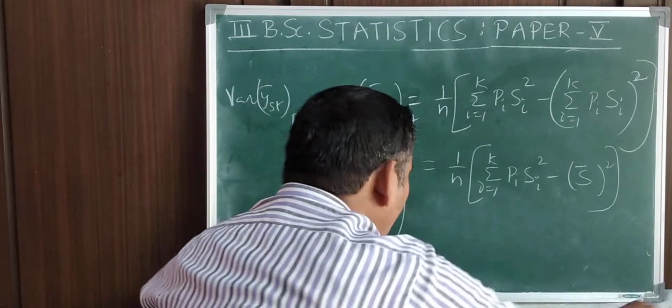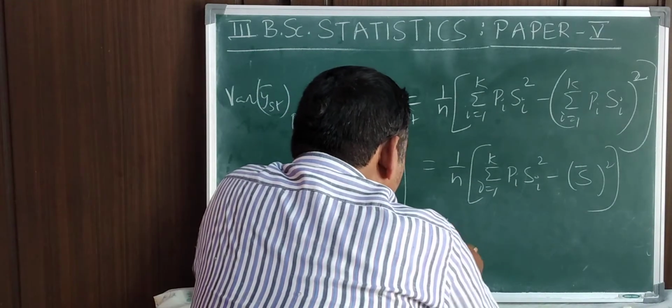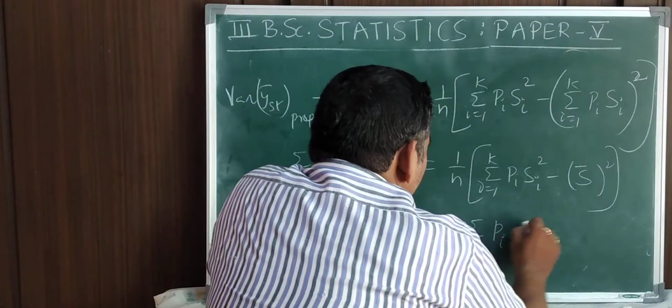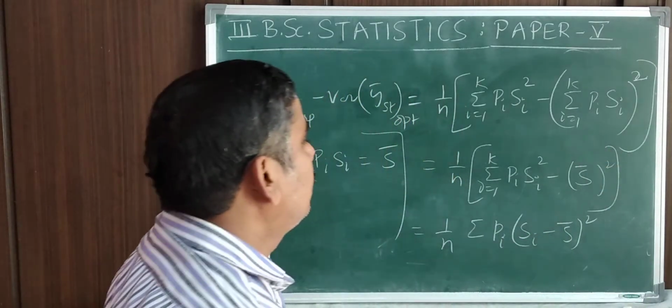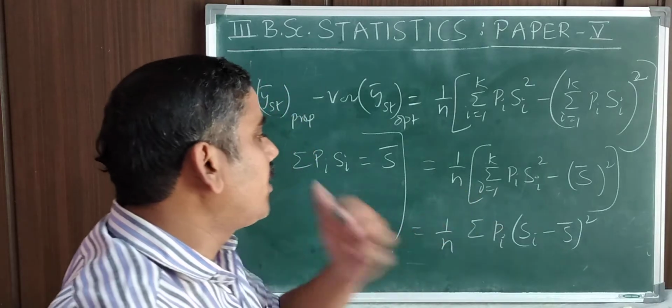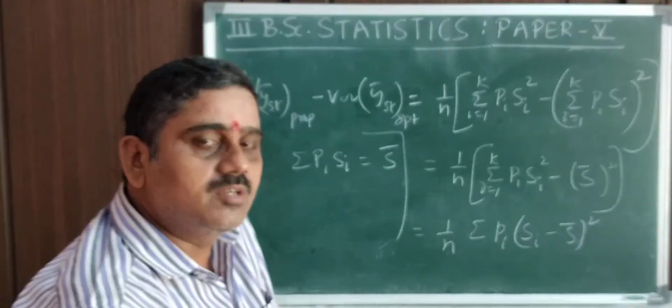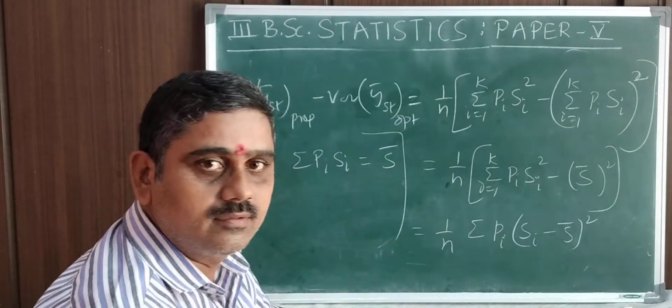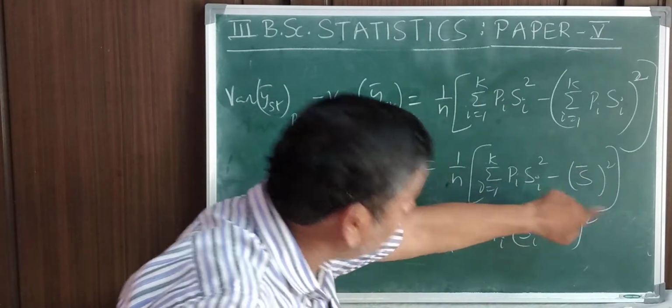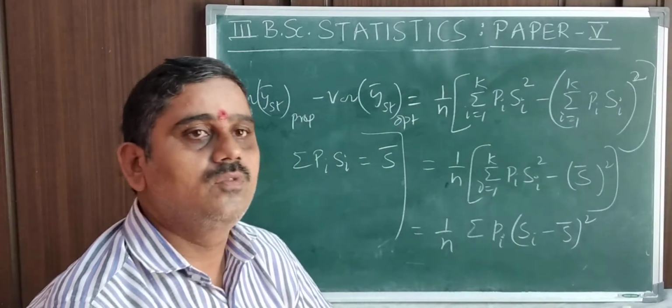From this I write directly as 1 by n summation pi into si minus s bar whole square. This particular term we can write as 1 by small n summation pi into si minus s bar whole square. Don't compare with this small n. You compare with capital N inside that value.